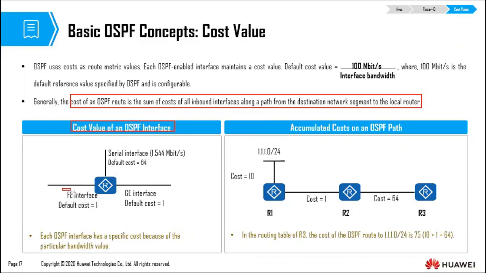We've seen that a Fast Ethernet will give us a default cost of 1, right? A Gigabit Ethernet will also give us a default cost of 1, unless we change the default value of the numerator of the reference bandwidth formula. Otherwise, both of them are going to give us 1. So each OSPF interface has a specific cost because of the particular bandwidth value.